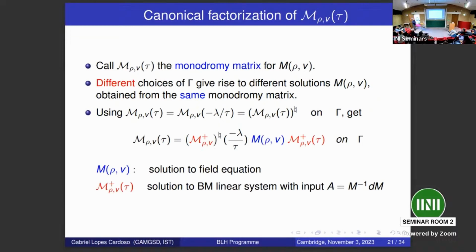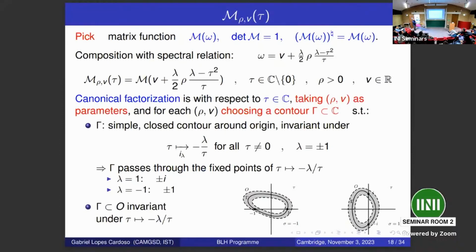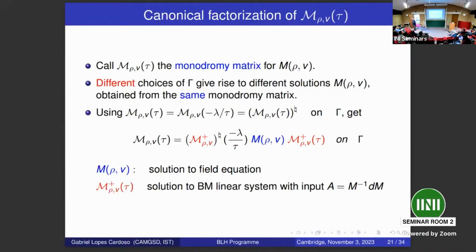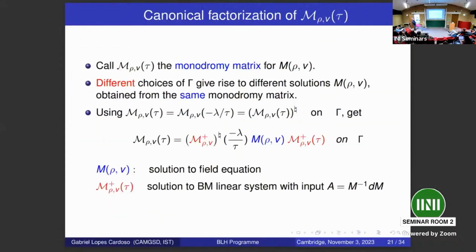Now, a final comment. I had told you that this curly M of W was chosen such that it was invariant under the involution. There is a nice consequence of that. If you work out what this means, it means that the M minus factor here can actually be re-expressed in terms of the M plus factor and in terms of M of rho v in this manner. And this is now a very neat formula.